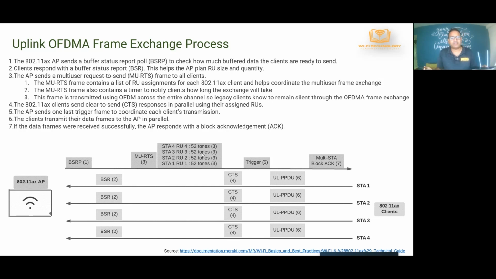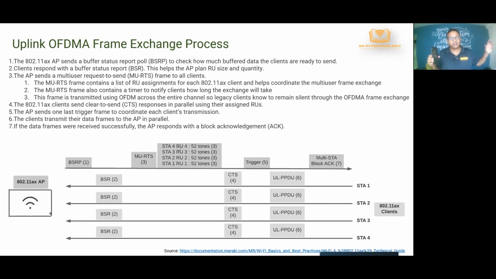So how does the AP find out? The AP sends something called a buffer status report poll frame, or a BSRP frame. So what is a BSRP frame? It is a poll. The AP is polling the stations to get the buffer status report, meaning a report that tells how much information is buffered at the station.